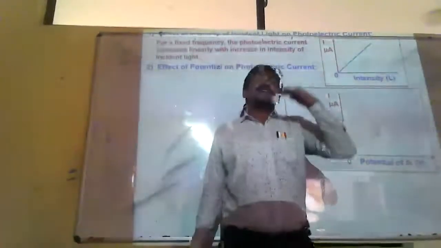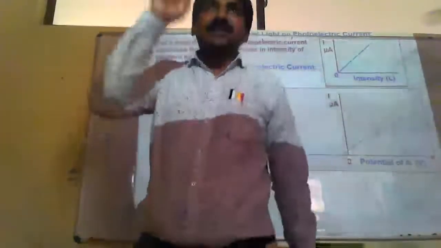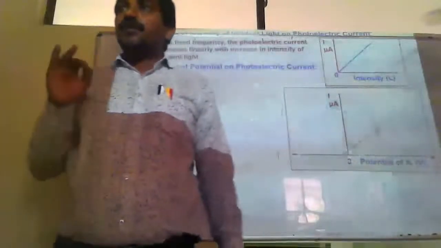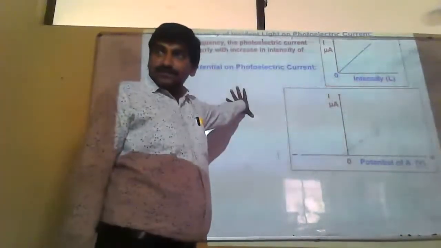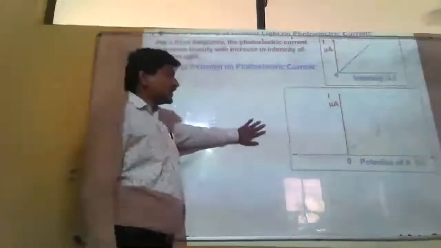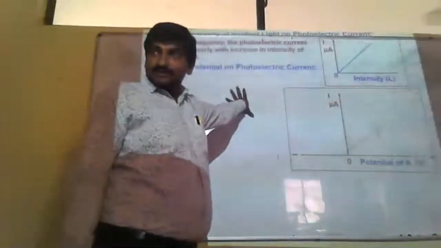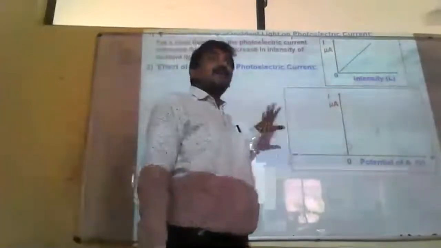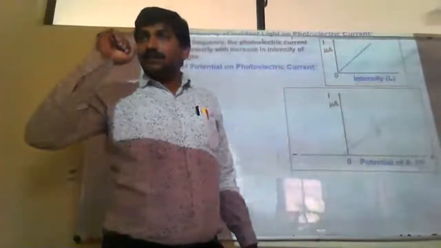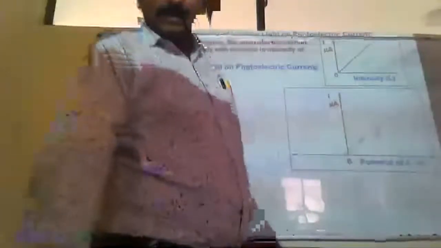Up to what extent will it increase? Up to a certain extent only. Because here I am using constant frequency and intensity of light. If I change the intensity a little more, it increases further. If I decrease the anode potential, the positive potential decreases, which means negative potential is increasing indirectly.